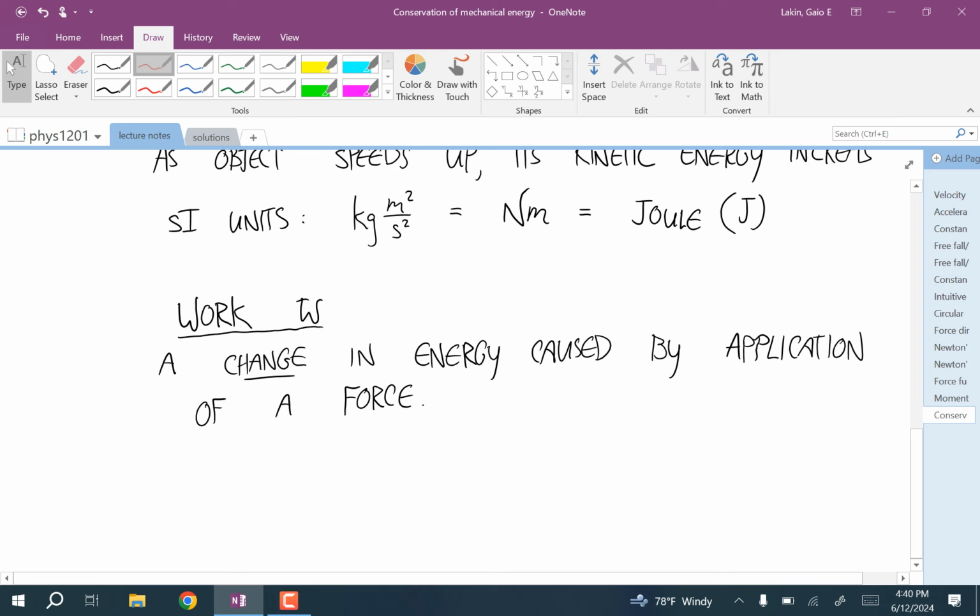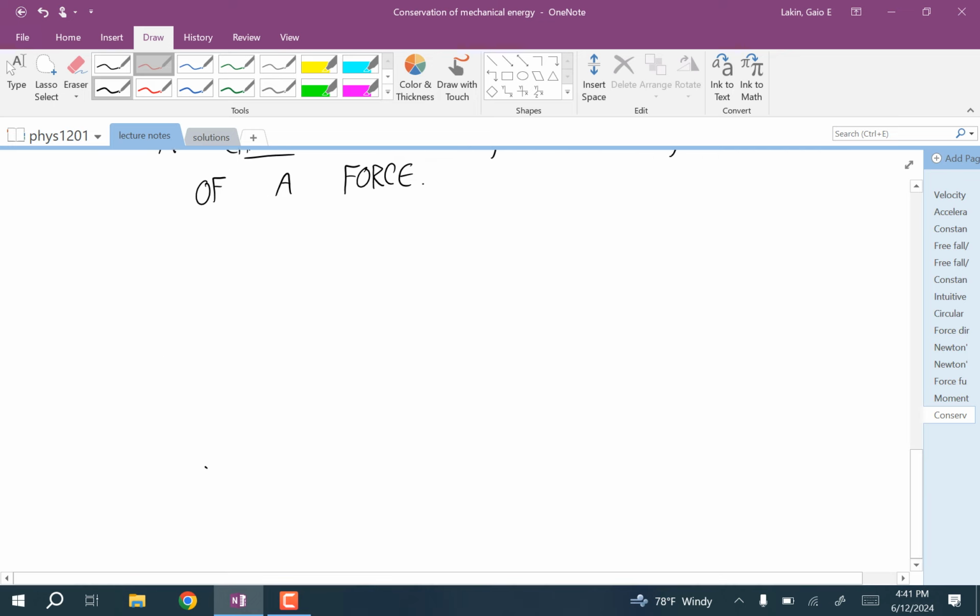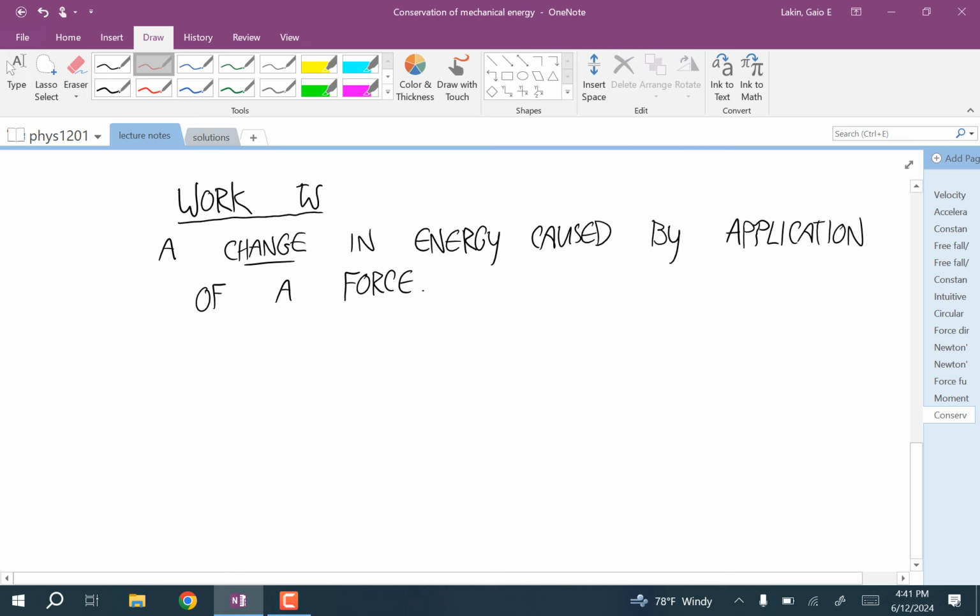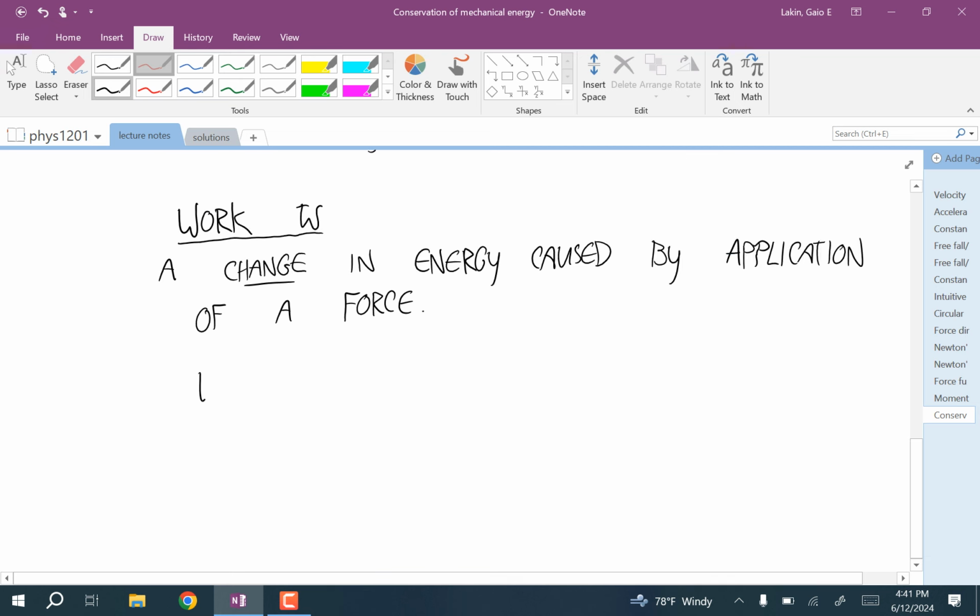Okay, so to calculate this for an object moving along a line, we're just going to think of it like this. The work is equal to the force times the displacement.